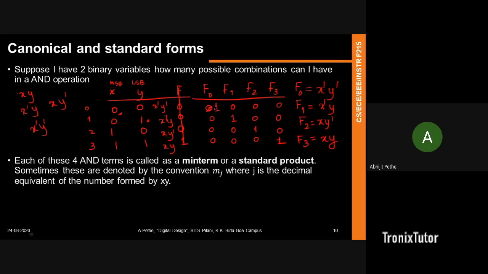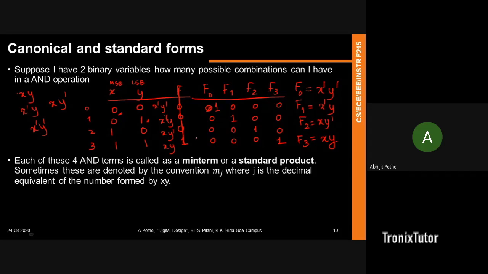So the advantage of these functions f0, f1, f2, f3 is that each function goes high only when that particular input combination is selected. f0 goes high only when xy is equal to 0, 0. f1 goes high only when xy is 0, 1. f2 goes high only when xy is 1, 0. And f3 goes high only when xy is 1, 1, right?